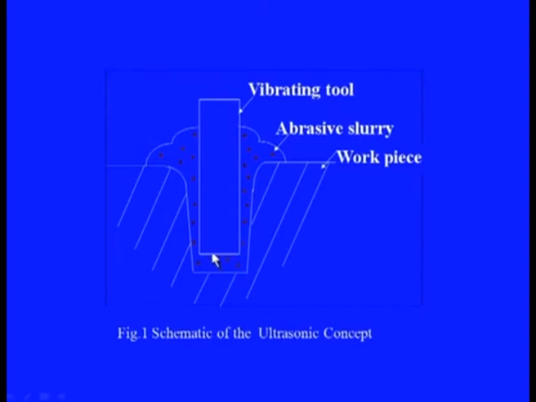Therefore, ultrasonic machining takes place because of the vibrating tool hitting the abrasives suspended in the slurry, and then the discharge takes place in the tool and workpiece gap, the inter-electrode gap. The combination of these two processes will give enhanced machining performance.